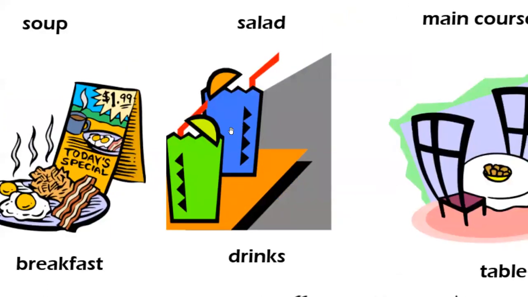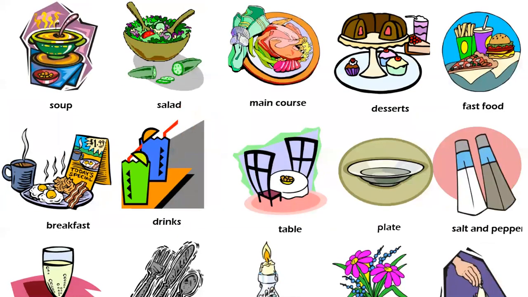Then we have some drinks, that is what you drink. It could be a lemonade, soda, or water. Very good. So these are the different types of food and drinks.